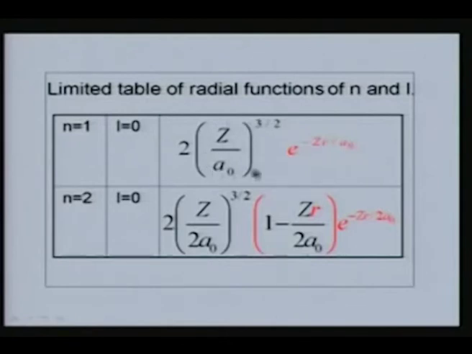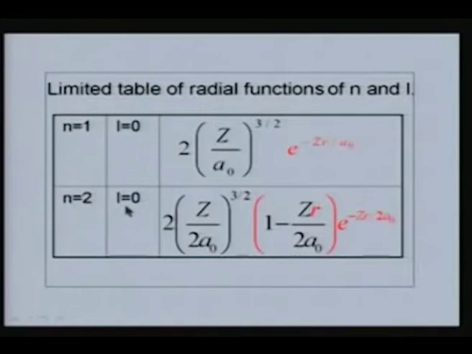This is a normalization constant which makes the wave function psi star psi d tau integral to unity. But the wave function is e to the minus z, which is the nuclear charge, times r by a naught, and the n is equal to 1 here. It is r by n a naught is the general form for the exponential.